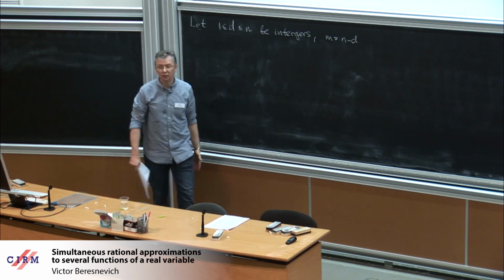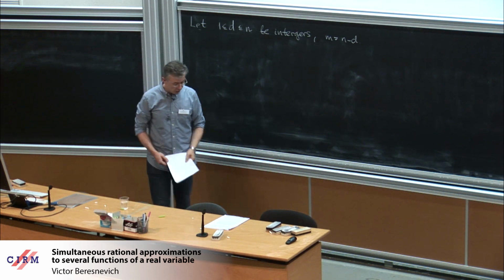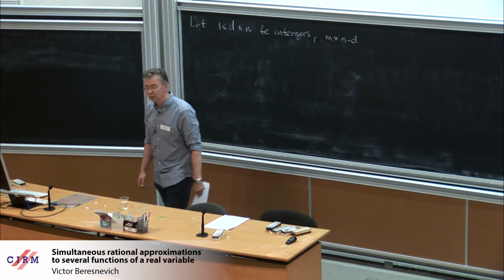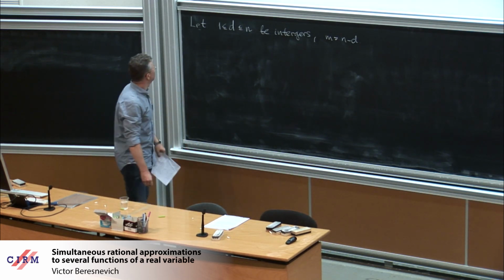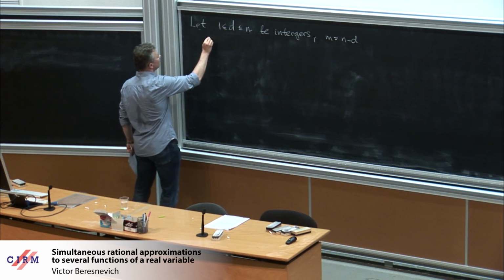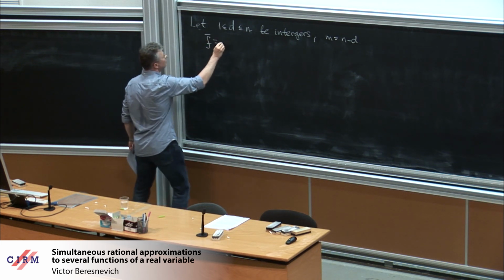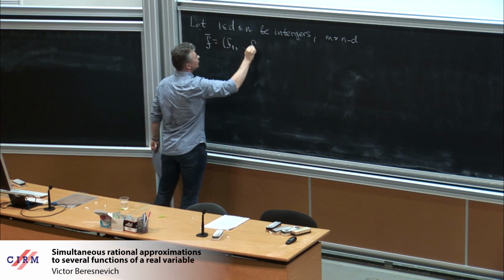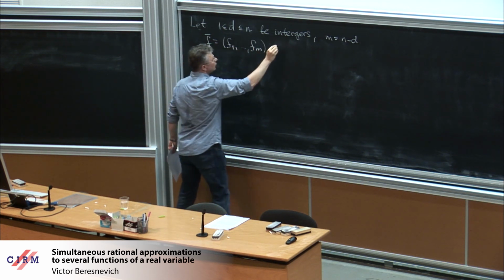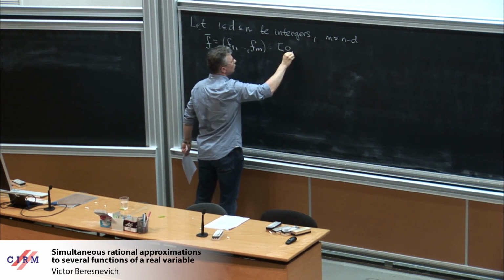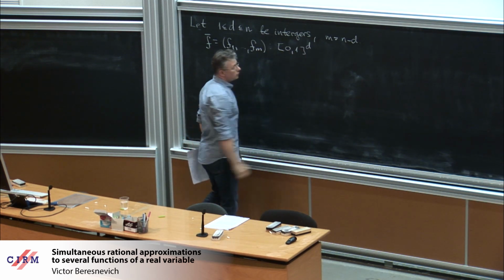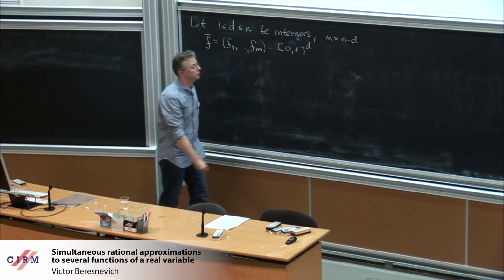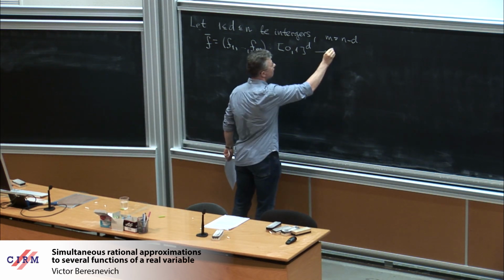d real variables. Without loss of generality, I will assume that the first d of these functions are just variables themselves, and the rest is given by some map which, without loss of generality, I will assume to be defined on the unit cube.